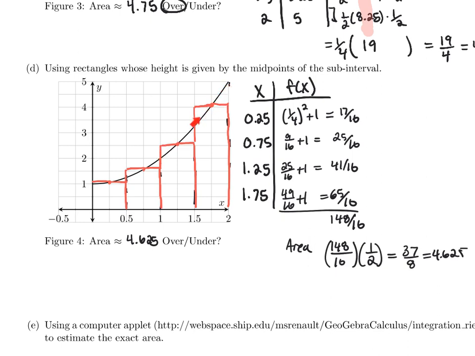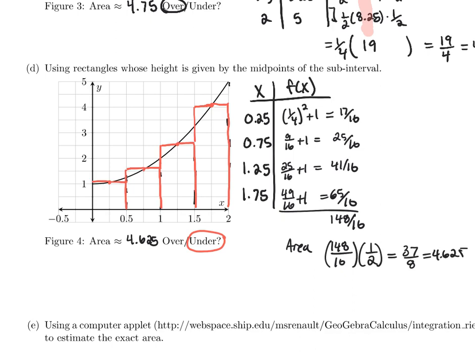And a similar thing goes here. I'm going to guess that this is an under approximation. And again, if I had drawn a little bit better picture, maybe used a straight edge, I could have been more sure of myself. Now what we'll do in class next time is we'll look at this on a computer applet and figure out what the actual value is, and then we'll be able to tell for sure if it's over or under.